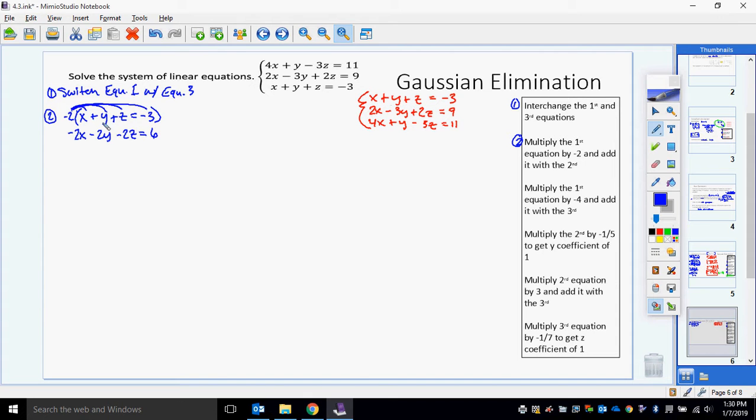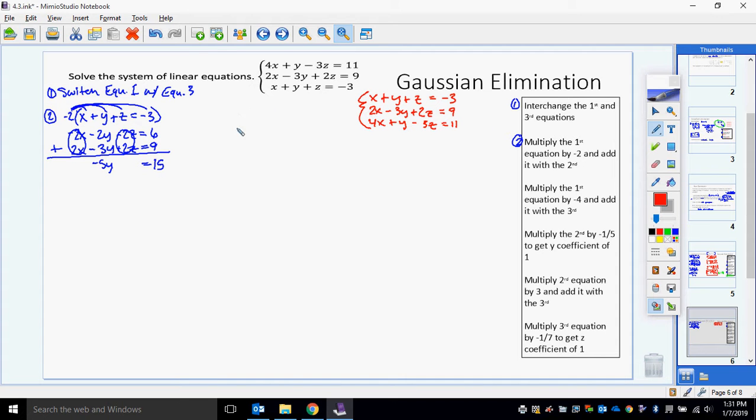I multiplied it by a negative 2 so that I can add it with my second equation, and therefore my x's are going to cancel. A negative 2 plus a negative 3 would be a negative 5y, and a negative 2z plus a positive 2z, those would cancel also. There would be 0 z's there. And 6 plus 9 is 15.